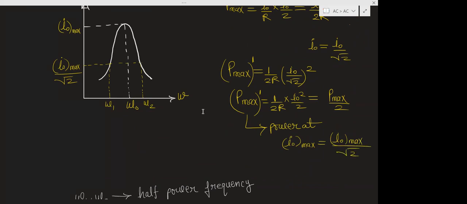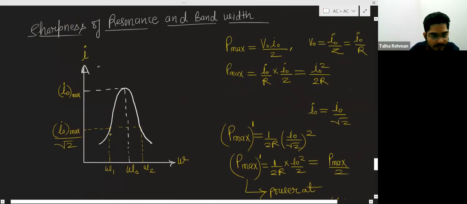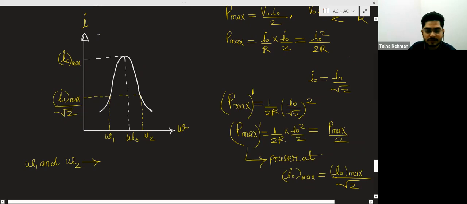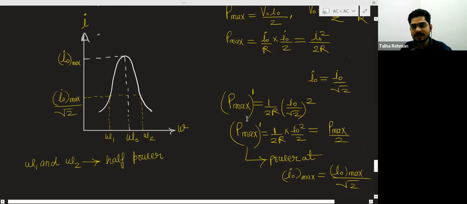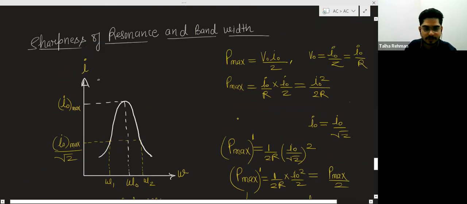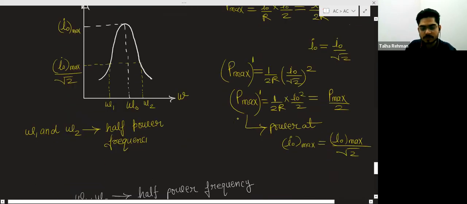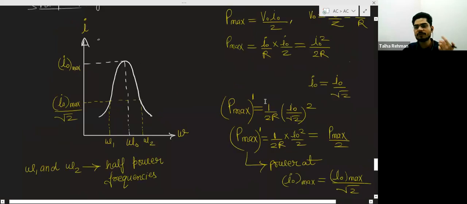So I want to tell you, omega 1 and omega 2 are known as the half power frequencies. I have just given you the basic idea. And why half power? Because at this value of the current, the value of the power will become half.